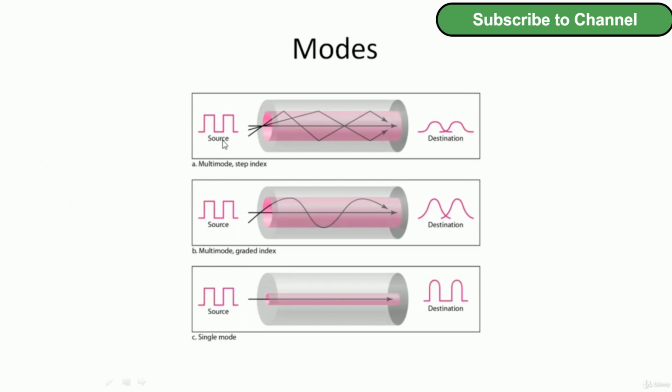This one is the source, and you can see how the signals travel. This is the multi-mode step index, where the signal transmits in steps. And this one is the destination. The second one is the multi-mode graded index. And the last one is the single mode.